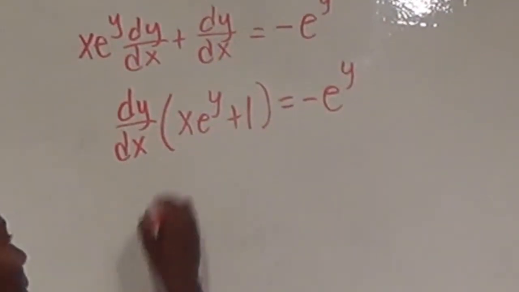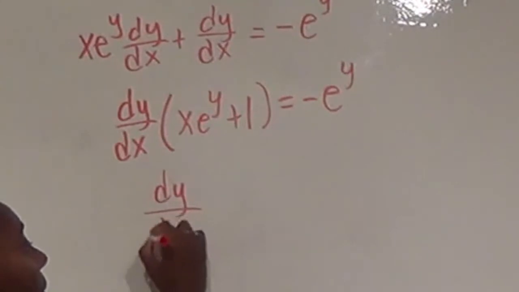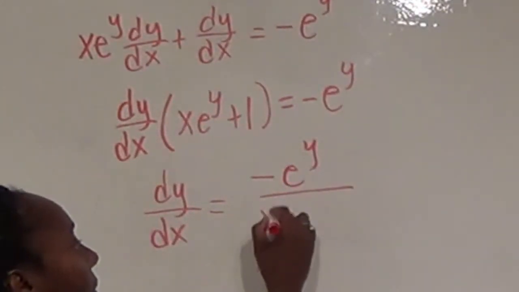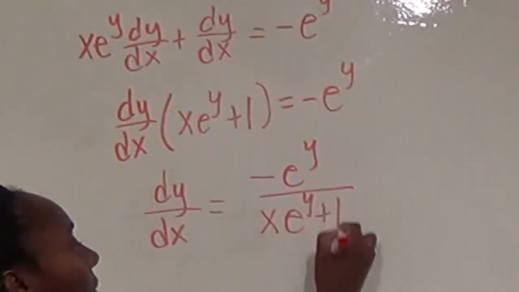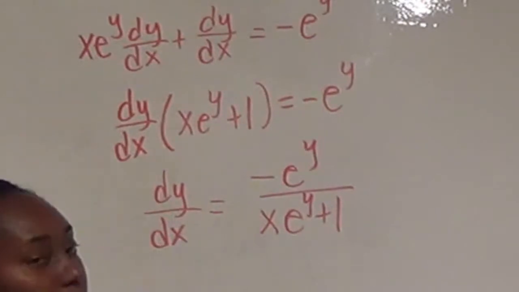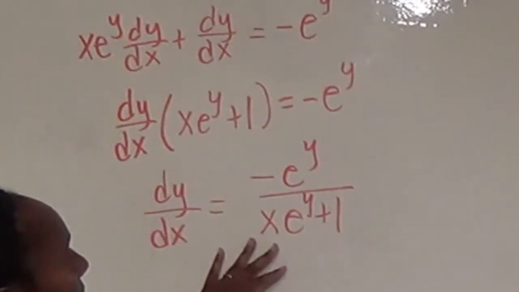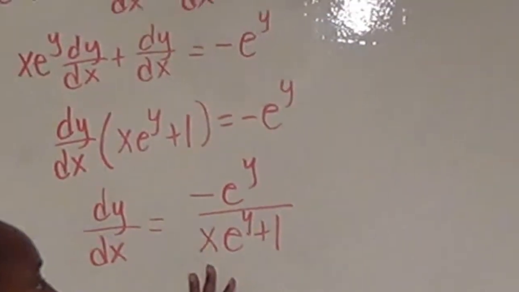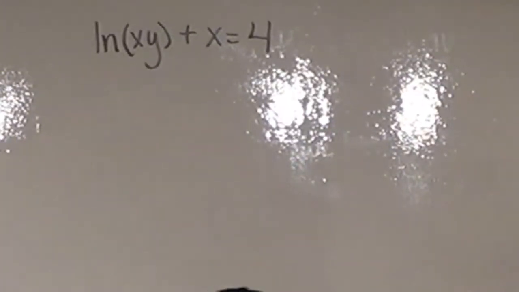And isolate the dy dx term. In this case, there's not much more we can do to simplify that, so there is our derivative. Okay. So let's look at another example.